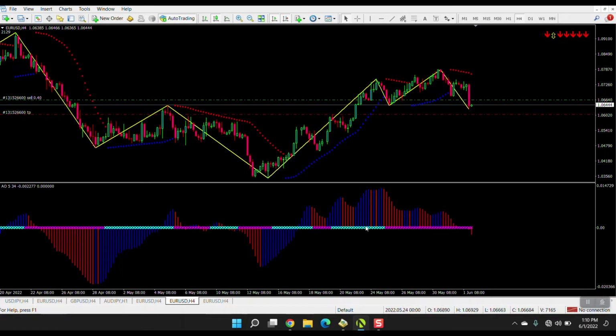Here, these aqua and magenta X's: when the QQE is above its signal line, the X's are aqua. When the QQE is below its signal line, the X's are magenta. So, looking at this stretch right through here, we would not be interested in these sells because this is aqua.